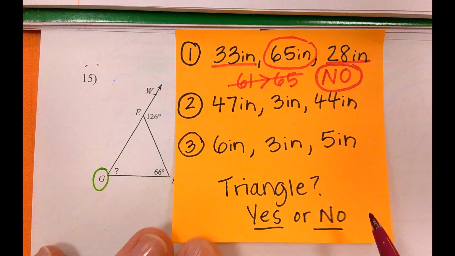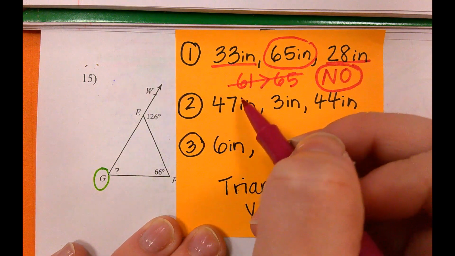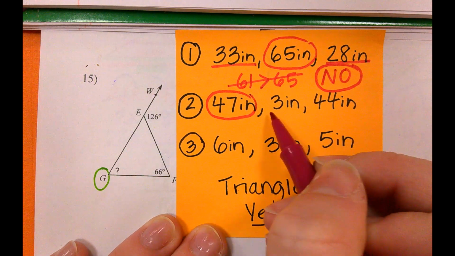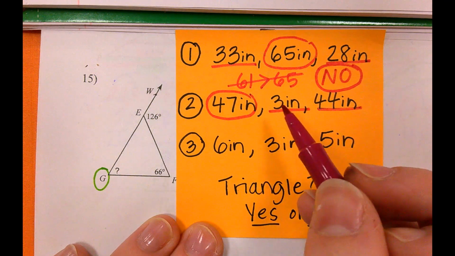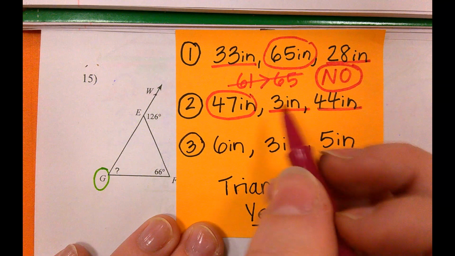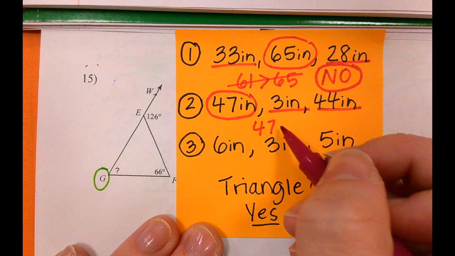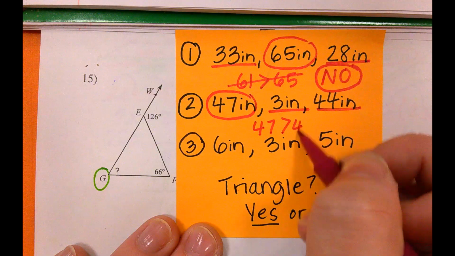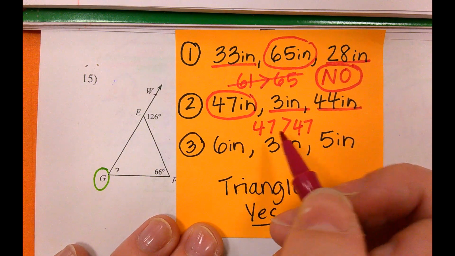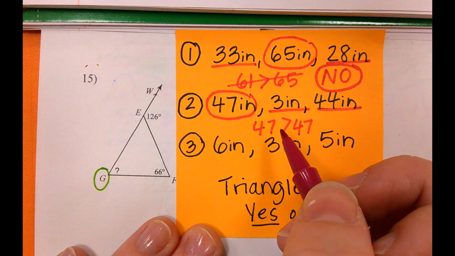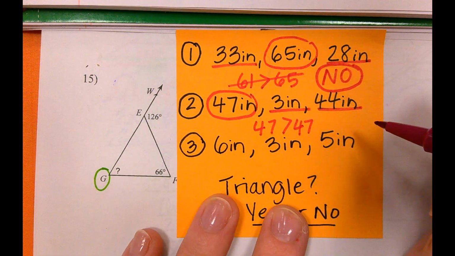Number 2, what's our longest side? 47. And my other two sides add together to equal 47. Okay, so is 47 greater than 47? Is this true? It's equal. So is it also greater? No. So is this a triangle?